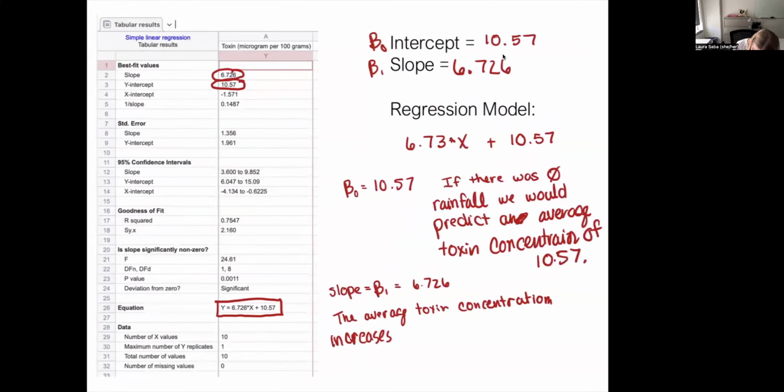It's in units of the concentration, so micrograms per 100 grams, when rainfall increases by 1 centimeter per week.